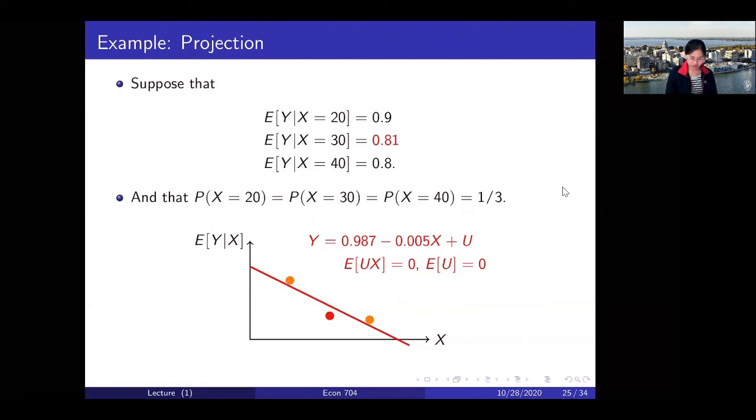Then this straight line that you draw is the projection of y on x. And the error term in the linear projection model automatically satisfies these orthogonality conditions.